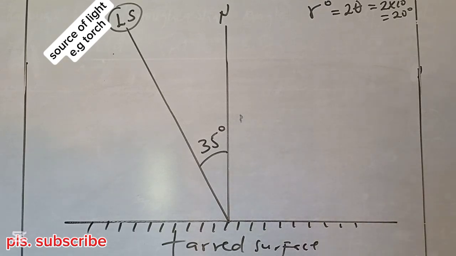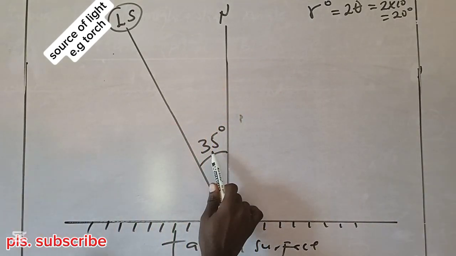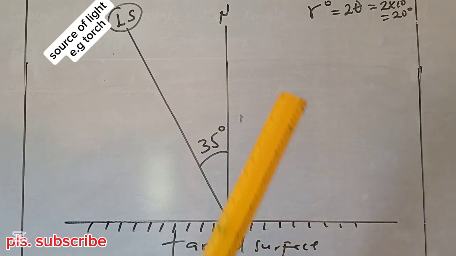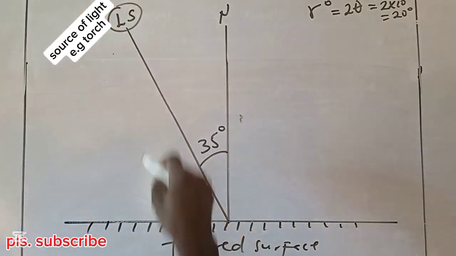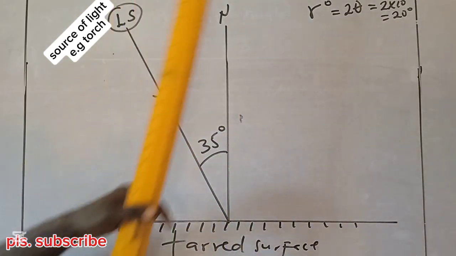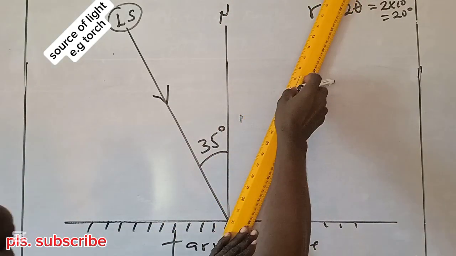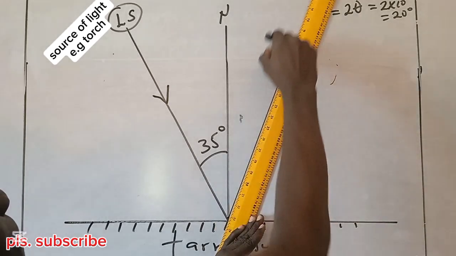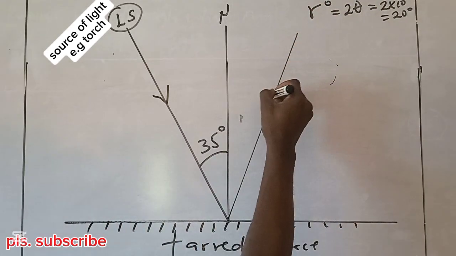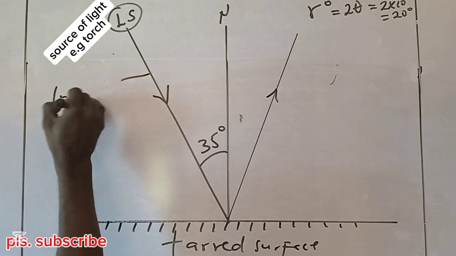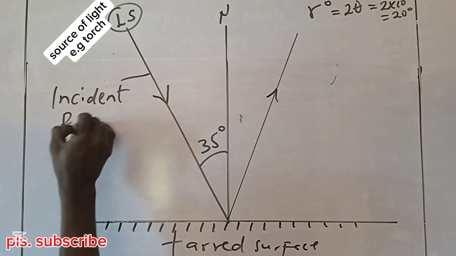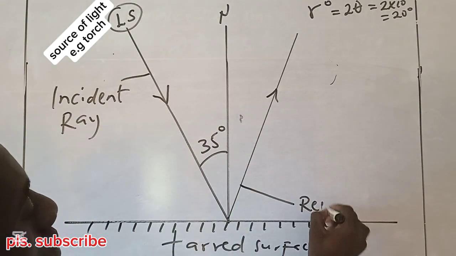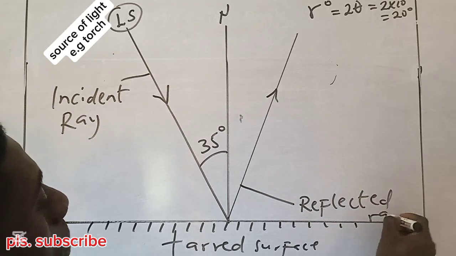Then the second law of reflection says the angle of incidence is equal to the angle of reflection. Recall, a plane mirror permits reflection. So the incidence ray will bounce back, will be sent back. So these are the incidence ray, while this is the reflected ray.